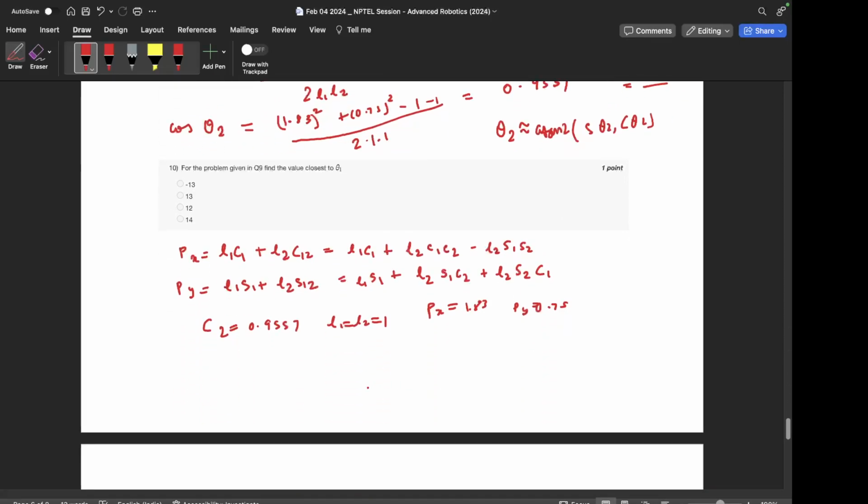So for the first equation, the x coordinate, we can write 1.83 is equal to C1, because L1 is 1, plus L2 is also 1, times, rather than putting values, let me write them as trigonometric expressions itself for better understanding.